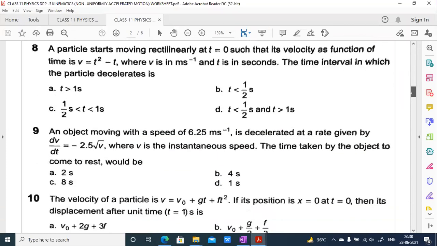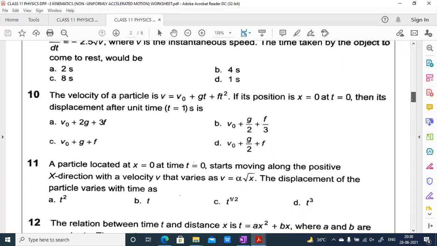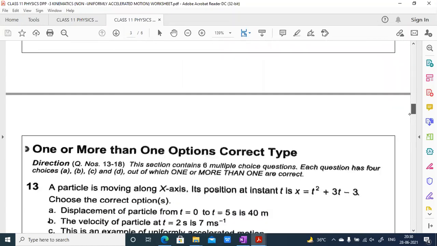Some of these questions we can do, maybe we have already done also. जो बचे हुए वो आप ट्राई कर लेंगे.